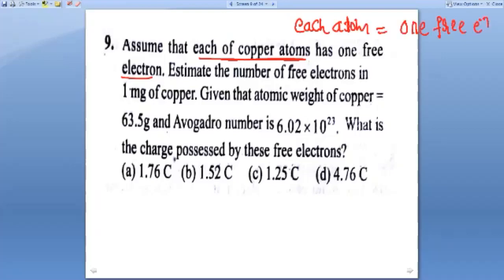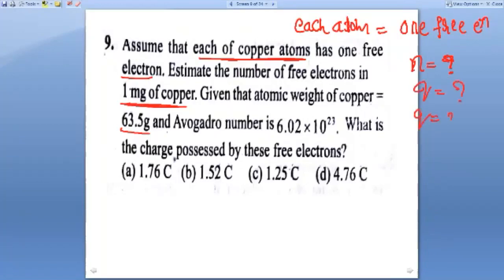Then estimate the number of free electrons in 1 mg of copper. You have to calculate the number of free electrons in 1 mg. Given the atomic weight of copper and the Avogadro number, what is the charge possessed by these free electrons? You have to calculate the charge.